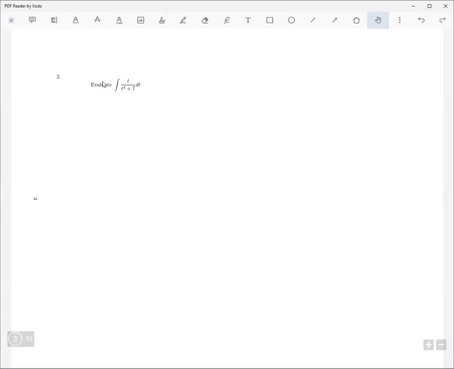you could do partial fractions because the denominator has to be able to factor. Yeah, but it's going to be kind of nasty. There's an easier way. Integration by parts doesn't work very well.